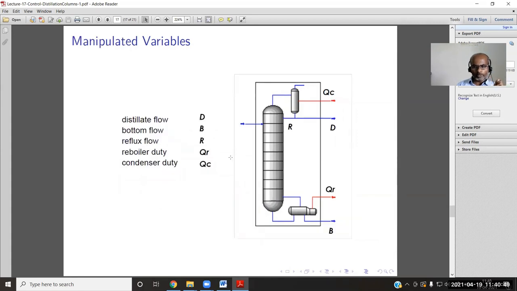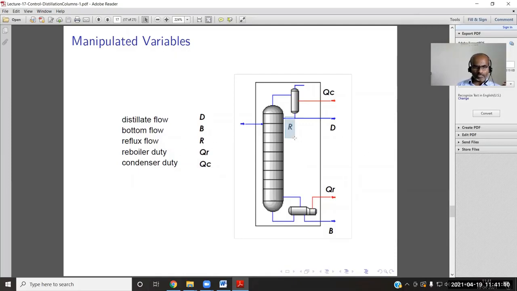The manipulated variables, the most common are QC as well as QR. QC is the condenser heat load and QR is the reboiler heat load, or reboiler duty and condenser duty. These refer to the heating and cooling.